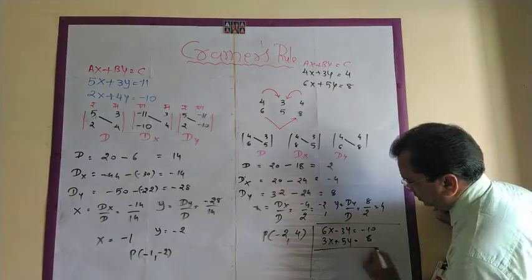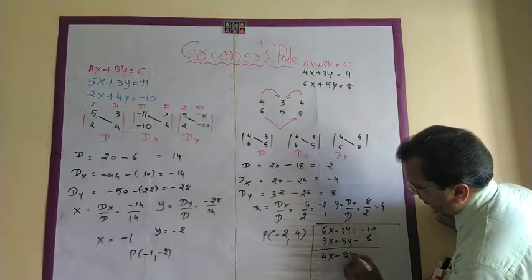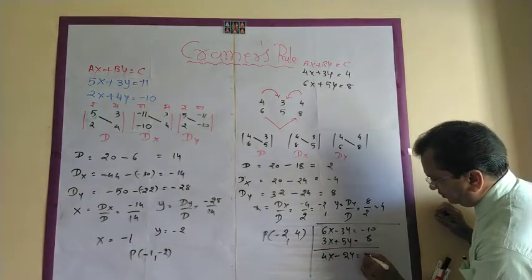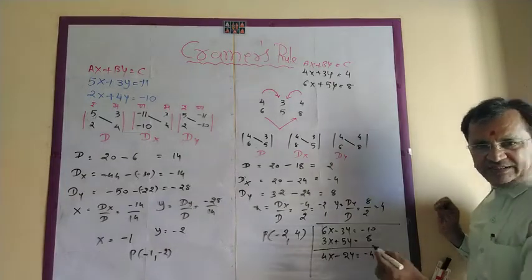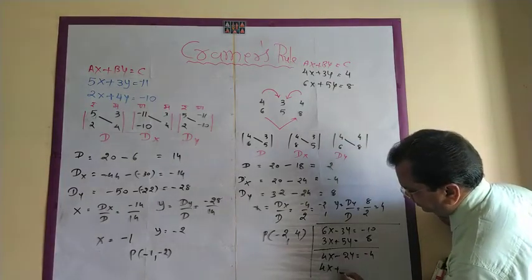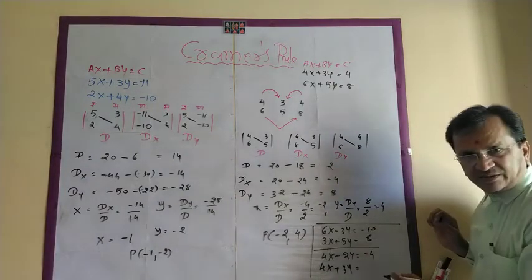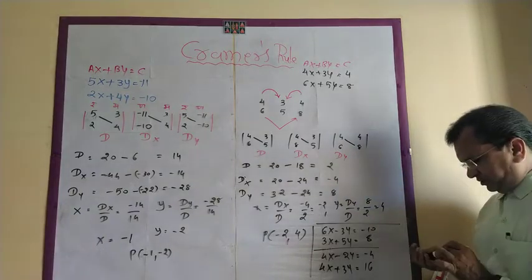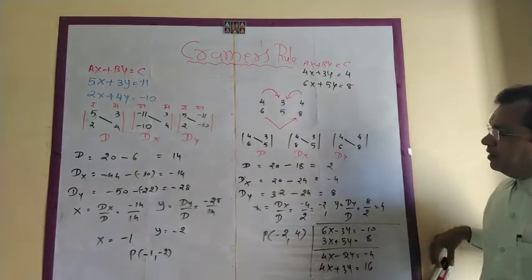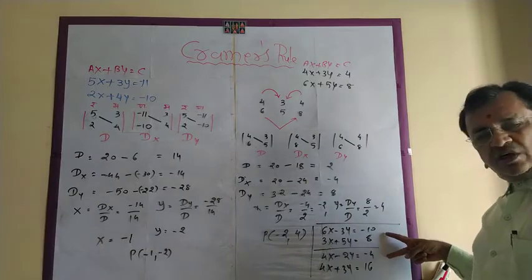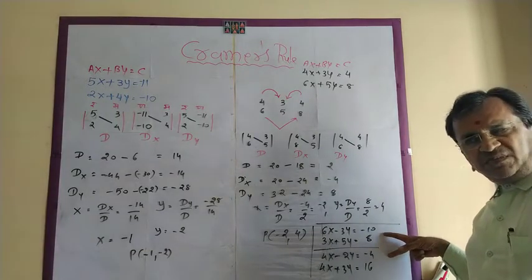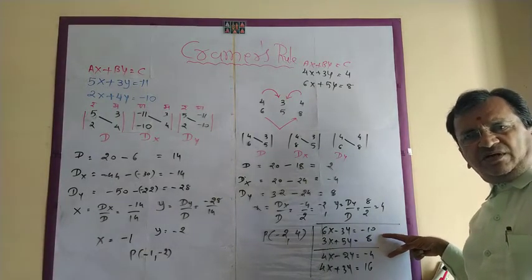Second: 4x minus 2y is equal to minus 4, and 4x plus 3y is equal to 16. By both the methods, try to solve these two examples and send me your answer on my personal number.